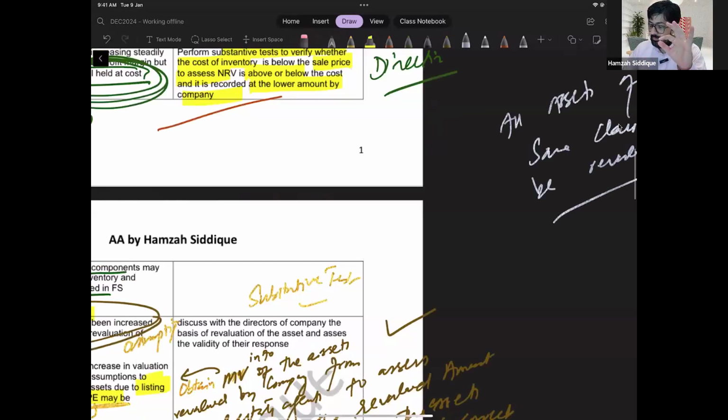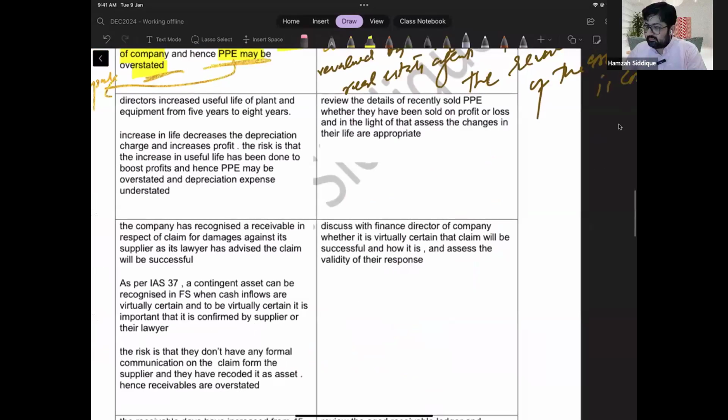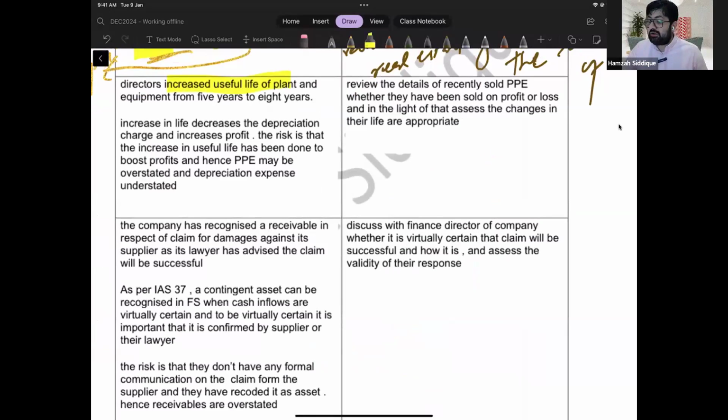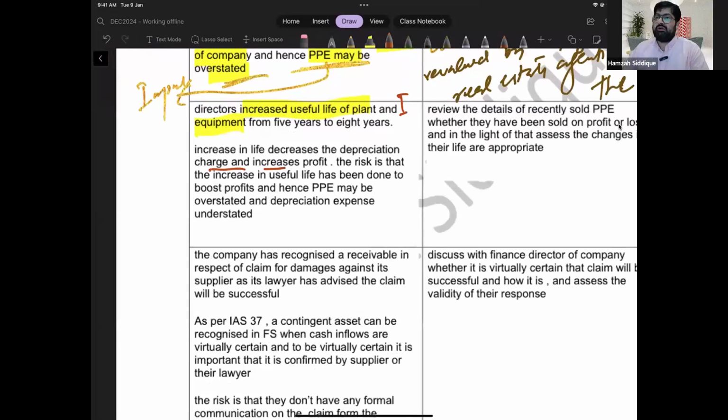Now, the next point is directors increased the useful life of plant and equipment from 5 years to 8 years. Remember the issue: an increase in life decreases the depreciation charge and increases profits. Yes, it happens.